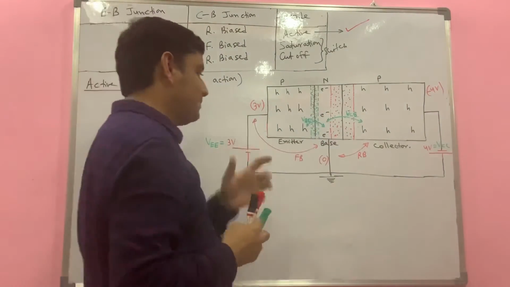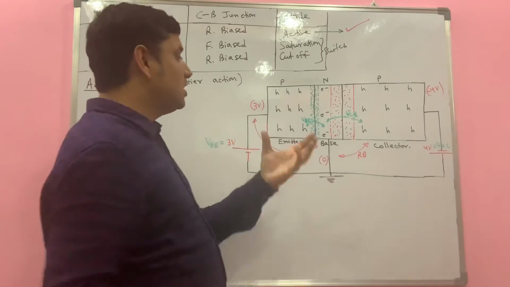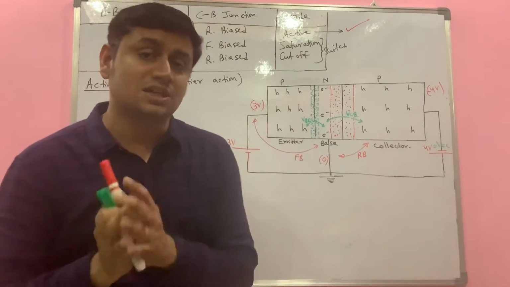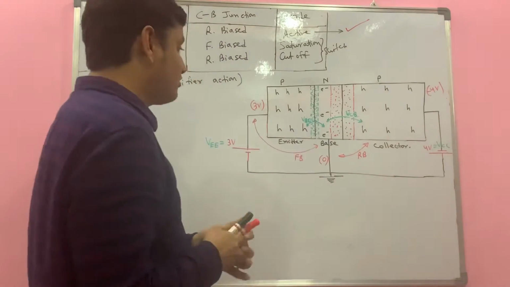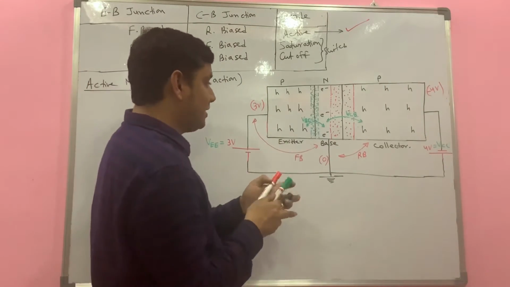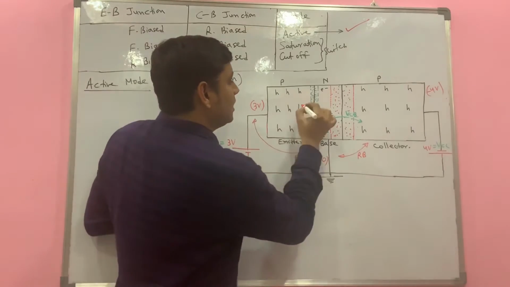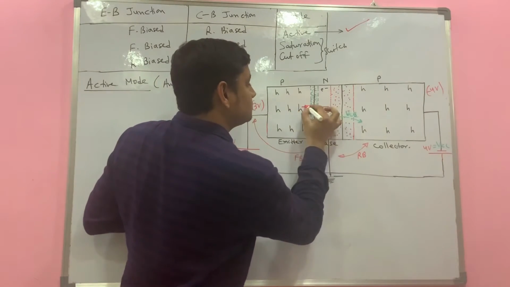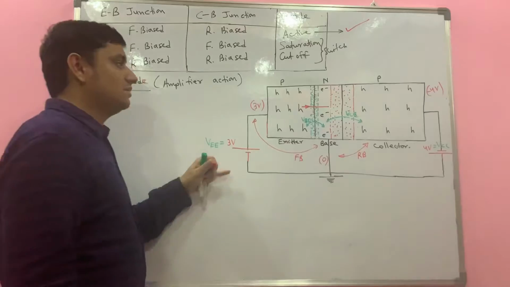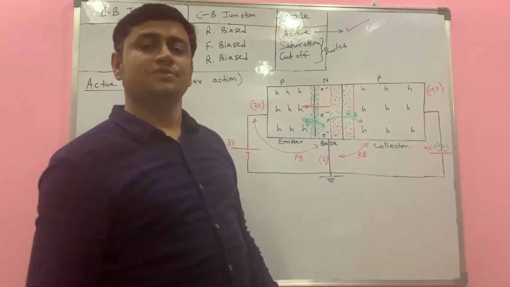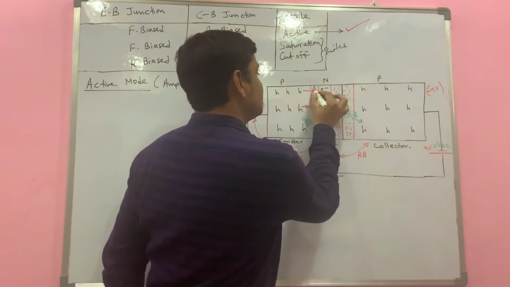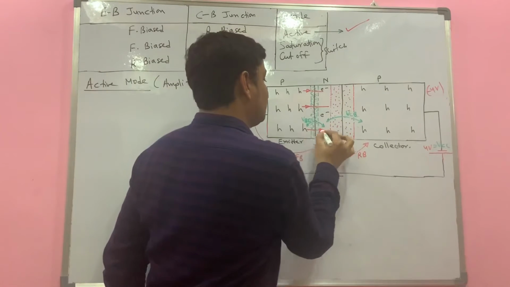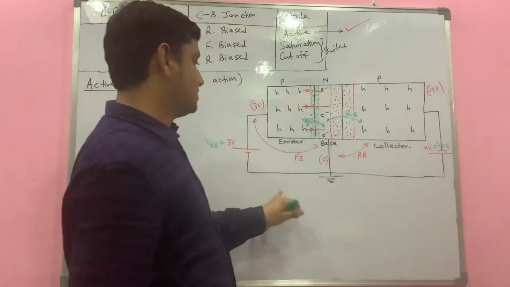So what happens now? There are basically two independent PN junction diodes where the current moves. Since this is forward biased, the holes are going to cross it as majority charge carriers. Holes cross in large number through this forward biased emitter base junction.